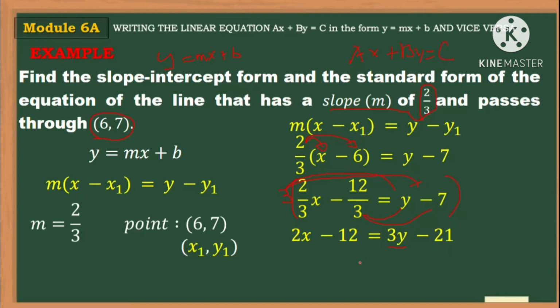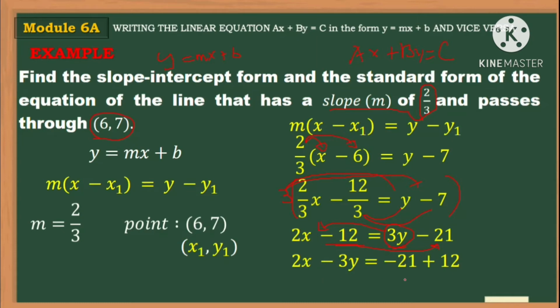Now we're going to simplify this. This negative 12, lipat natin dito sa kabila. And yung positive 3y, ilipat naman natin dito sa kabila. That will give us 2x minus 3y is equal to negative 21, then transpose natin sa kabila, from negative, that is plus 12.